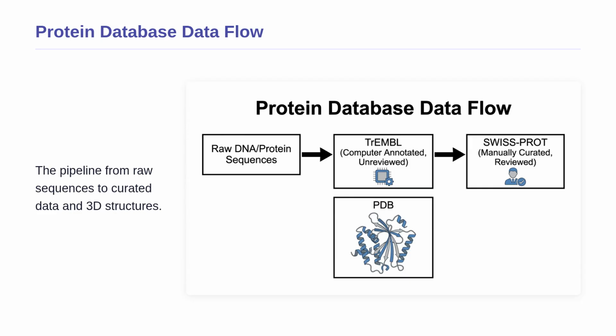From there, another arrow points to SwissProt, showing the transition to manually curated and reviewed data, symbolized by a human expert icon. Below this linear flow, we see a separate box for the Protein Data Bank, containing a complex ribbon diagram of a three-dimensional protein structure. This shows how raw sequences are progressively refined and structurally mapped.